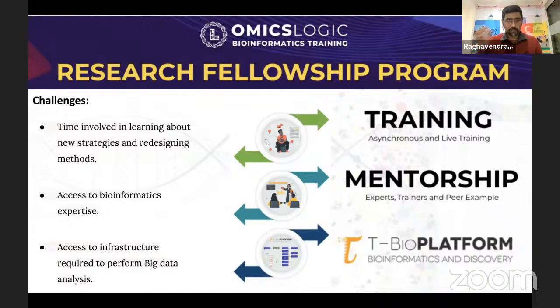And one final challenge is limited access to the infrastructure required to perform big data analysis. I think this is the most important challenge that many students face right now. So the cloud-based analytical TBio bioinformatics platform that you were introduced to today provides all the infrastructure necessary to perform big data analysis in an intuitive environment with the help of flexible, interactive, and visual pipelines.